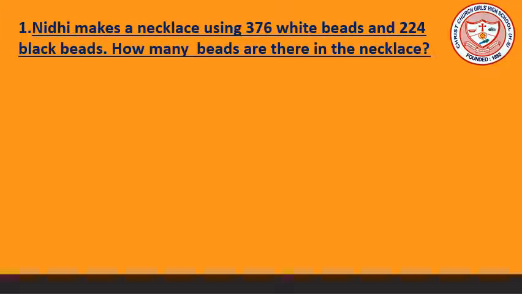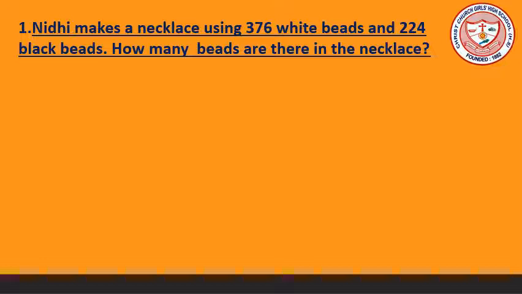Now girls, let us try out some word problems together. Number 1. Nidhi makes a necklace using 376 white beads and 224 black beads. How many beads are there in the necklace?